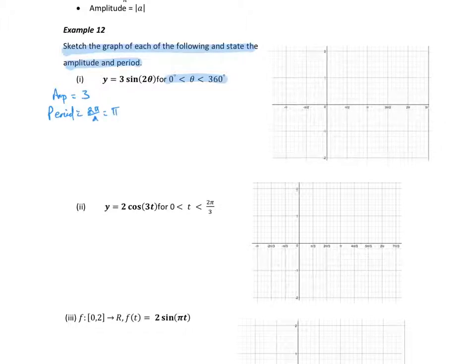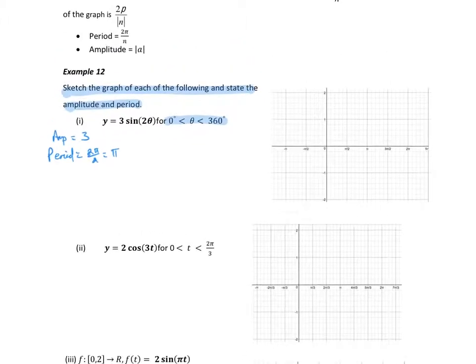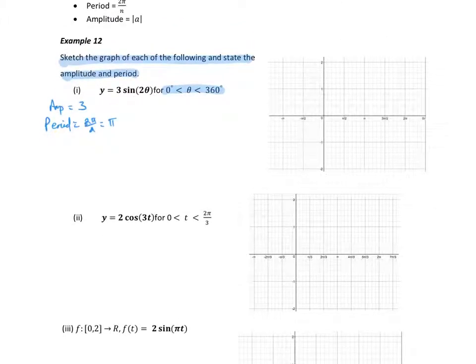I'll sketch it initially the way in which you can sketch it in your books. At this point, all we need to do is, we know we've got a sine graph. So the sine graph starts at the origin, goes up, comes down to there, and then repeats itself. So you do that first cycle.